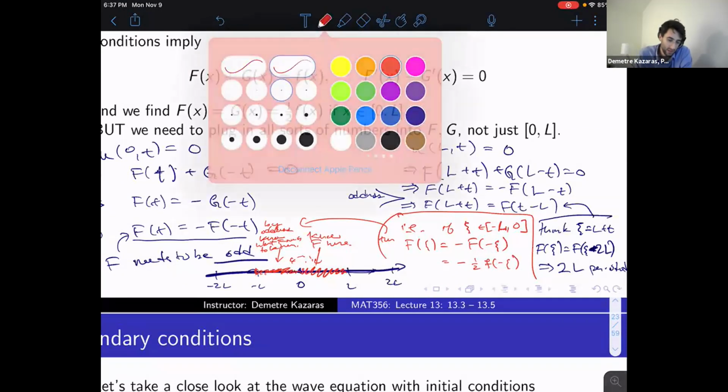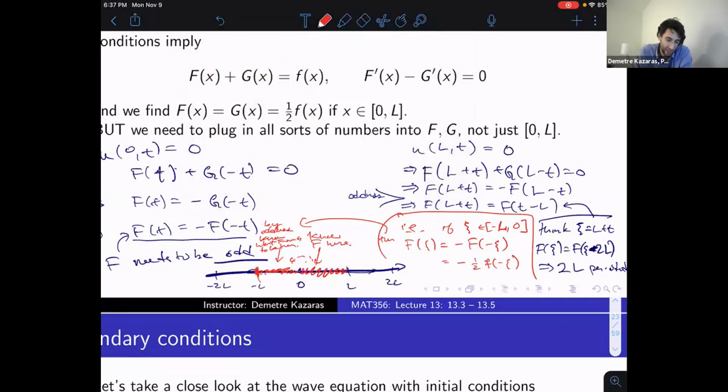Therefore, I know this function on an interval of size 2L, and it's 2L periodic. That's the end of the game. You know exactly what F needs to be. It's just going to repeat itself.